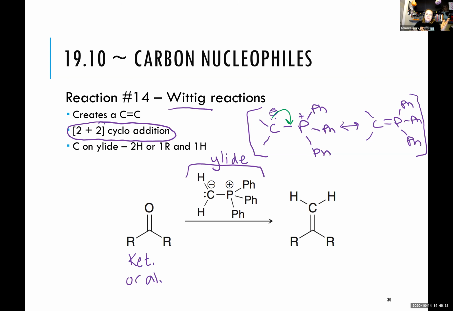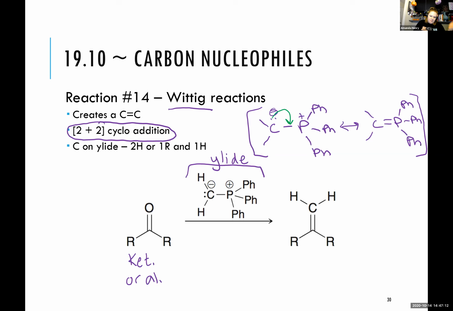And because it's on the next row, that means it's larger. And because it's larger, it's not going to have as good of pi bond overlap. To make that pi bond, we have to use the p orbital from the carbon and the p orbital from the phosphorus. But because they're different sizes, they're just not going to overlap as well. They're not going to be as even. And that means it's just not going to be a very good bond.